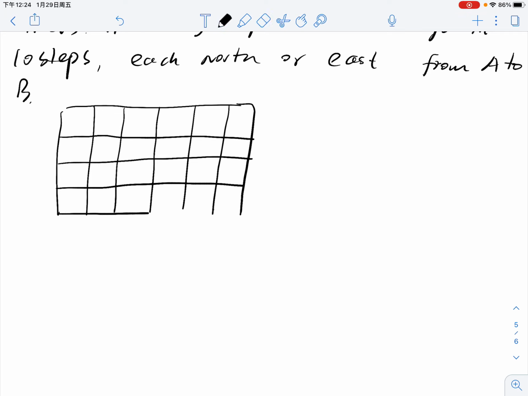But I think the author here thinks multisets are easier when we have only finite sets. If you have infinite sets, then multisets will probably be problematic. You cannot define such a thing.